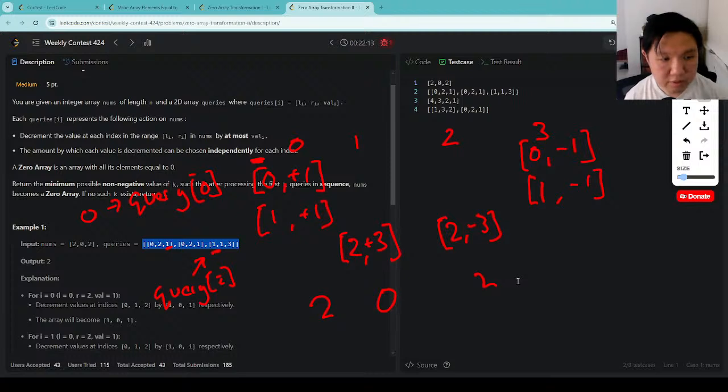What is best equals idx plus 1? Wait, I don't get it. Why is it 3?